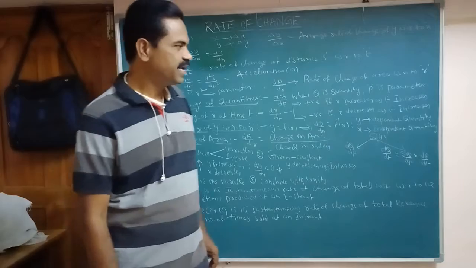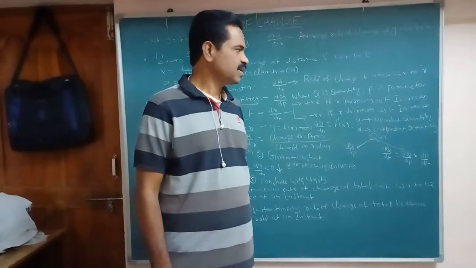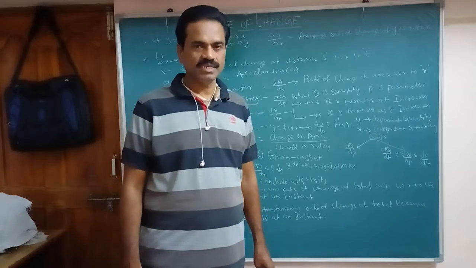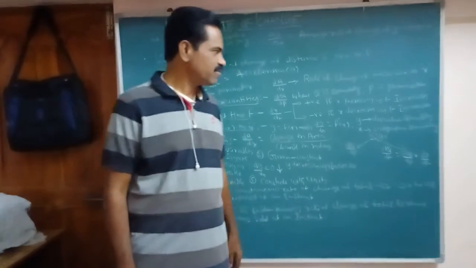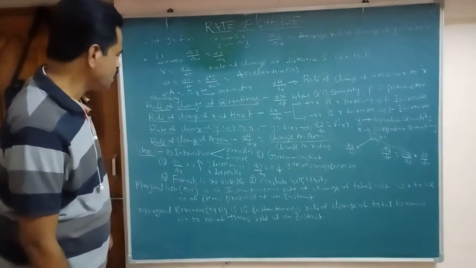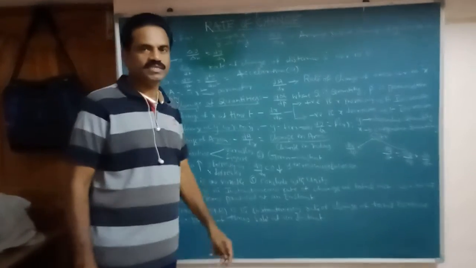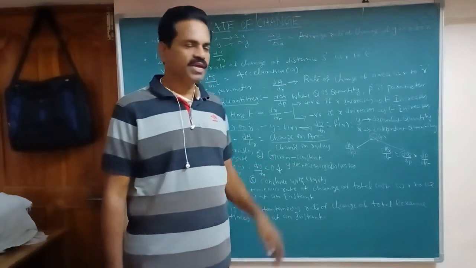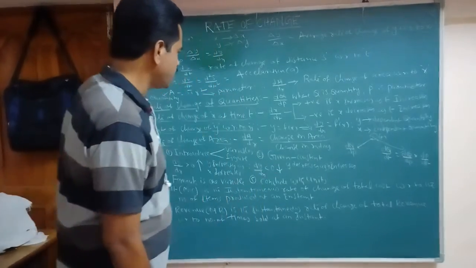So what is y here? Y is the dependent quantity. X is the independent quantity. Rate of change of area is dA by dr, that is change in area by change in radius.